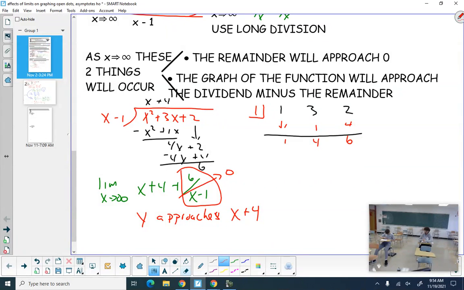As x gets bigger, y is approaching x plus 4 plus 0, because this will go to 0 here. So what this gives us is what is called an oblique asymptote at y equals x plus 4.